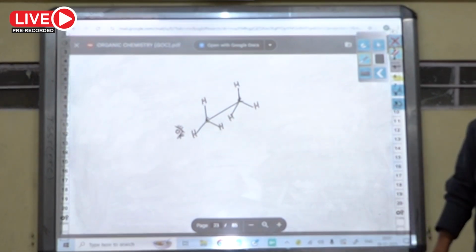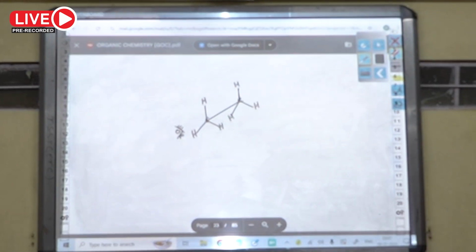So the observer is observing the ethane, C2H6, from a slanting way.